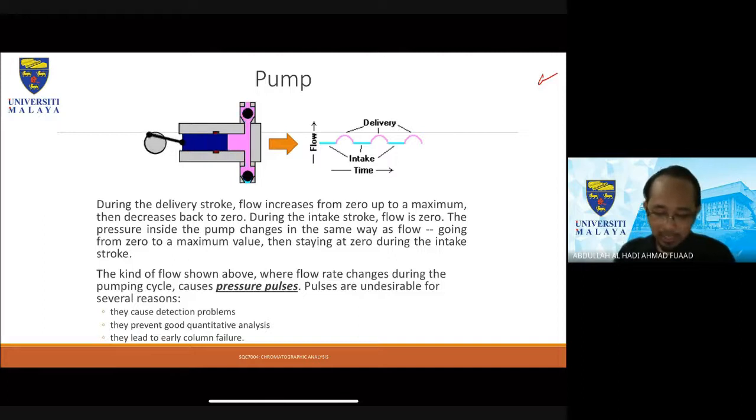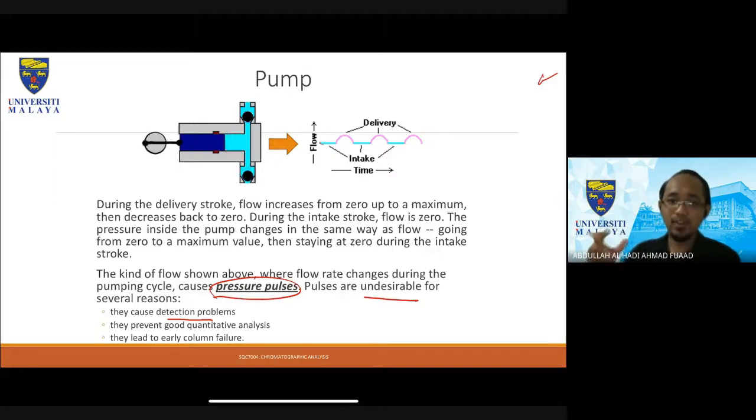As I mentioned, the flow increases from zero to maximum and then back to zero. The kind of flow shown above, where the flow rate changes during the pumping cycle, causes pressure pulses. It's more sinusoidal. Pulses are undesirable because they cause detection problems.